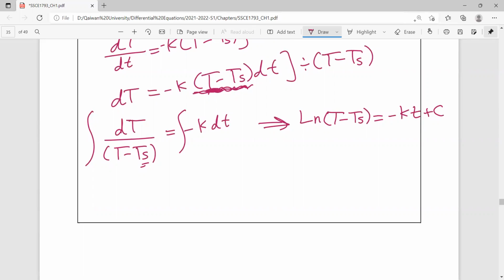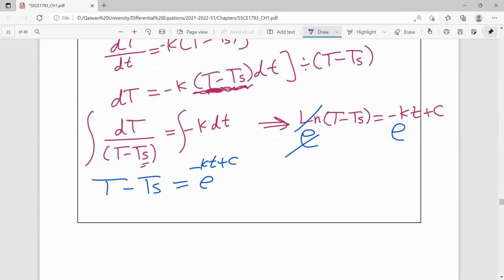So we take e for both sides, and we get, these two are constants. We get T minus Ts equals e to the power (minus kt plus c).